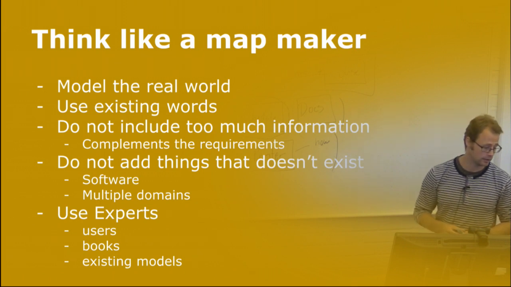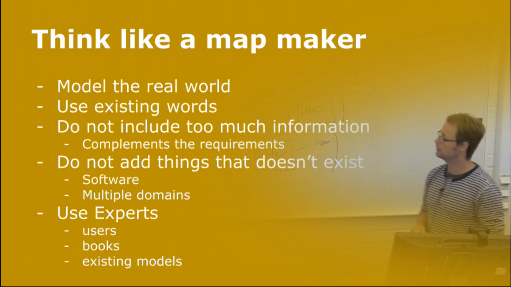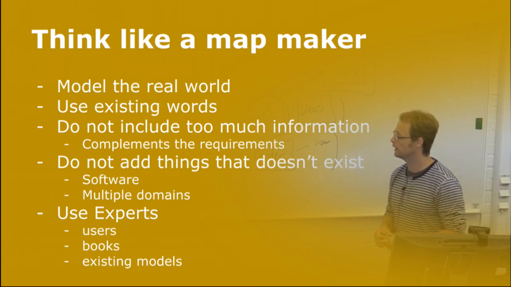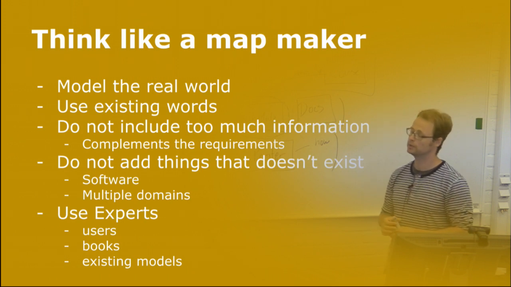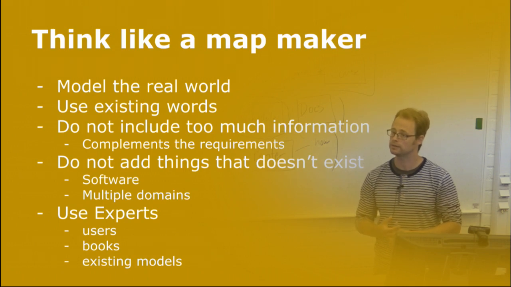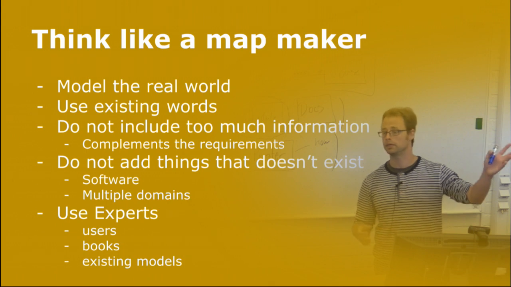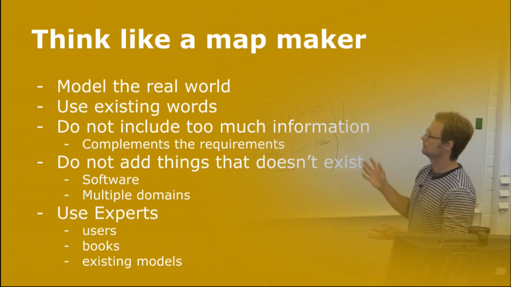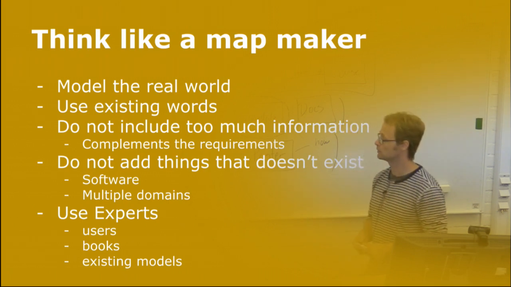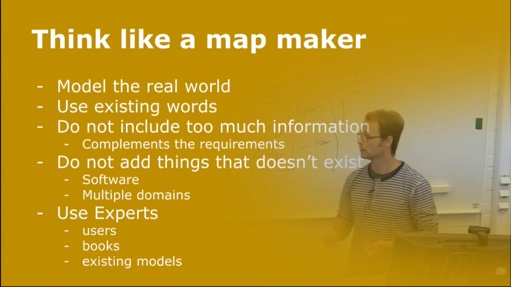And the third thing is to use experts. Map makers tend to interview the experts on an area, especially when we don't have satellite pictures and stuff. They had to go to the place that they were supposed to map and probably talk to people. Oh, I know that big rock. It's called the X rock. So the same goes for you. Talk to the users. Talk to the experts.